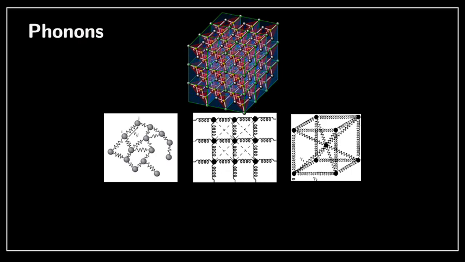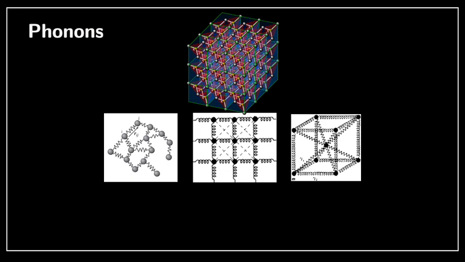And then we can calculate all the vibrations of those materials, all the normal modes, by basically writing Newton's equations for these complicated systems. And then we end up with all the normal modes of the system.